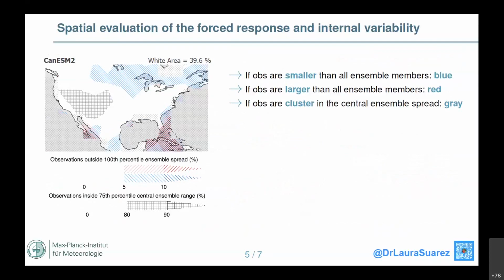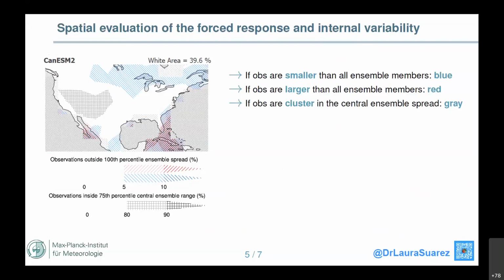For example, shading that is blue means that in these regions, observations are smaller than all ensemble members for a high number of years. If the shading is red, it means that observations are larger than all ensemble members for some years. And if it is gray, it means that observations cluster in the center of the ensemble spread too frequently.